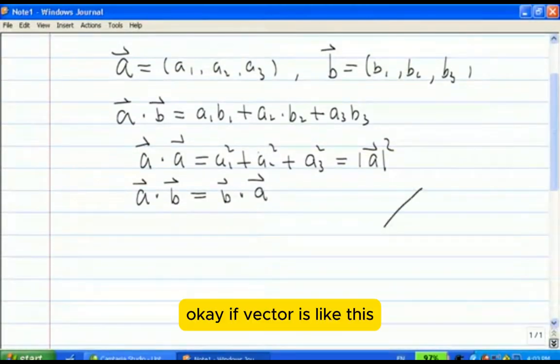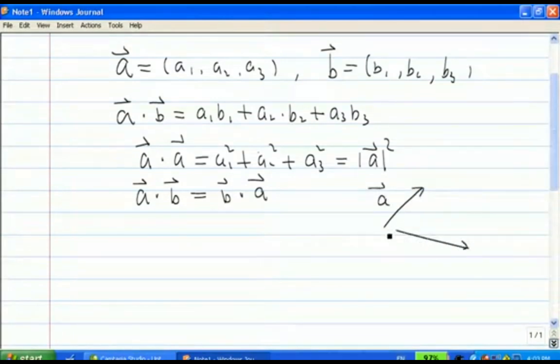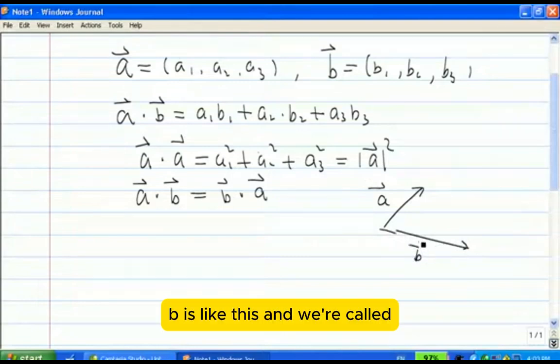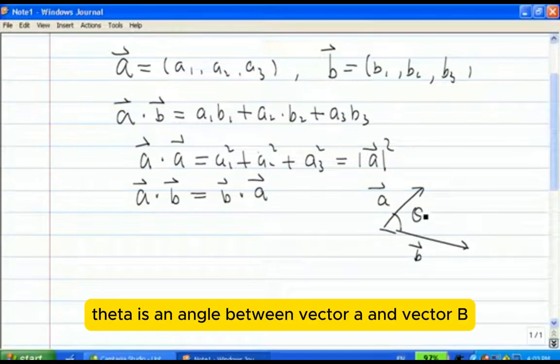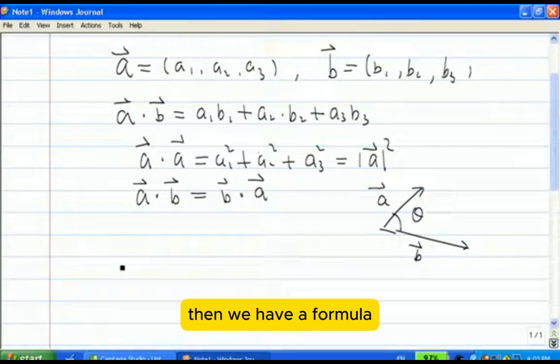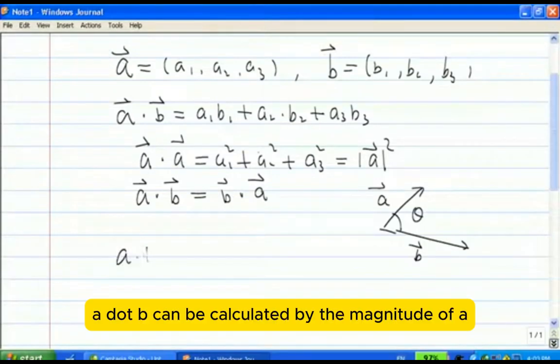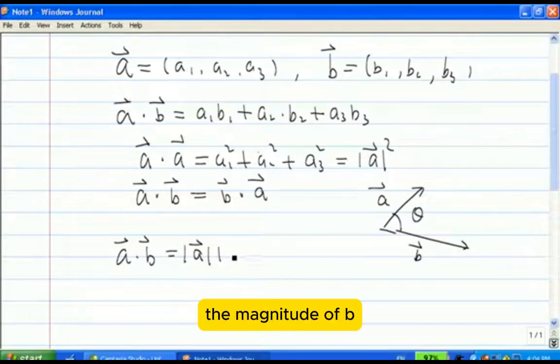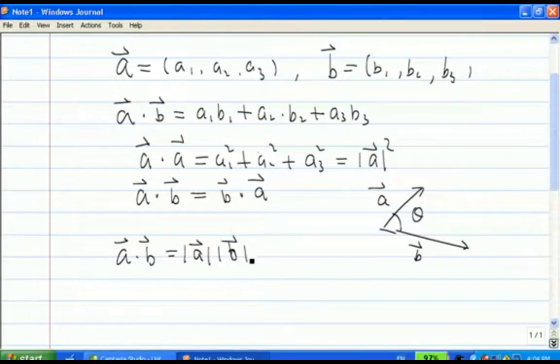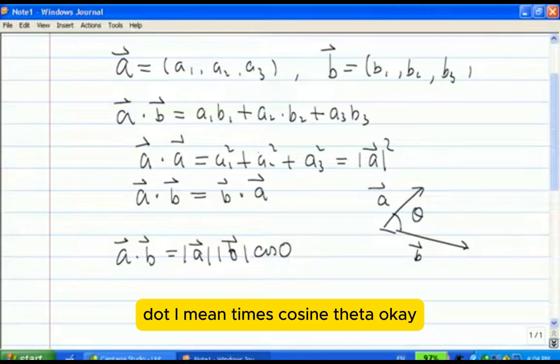If vector A is like this, B is like this, and we call theta the angle between vector A and vector B, then we have a formula: A dot B can be calculated by the magnitude of A, times the magnitude of B, times cosine theta.